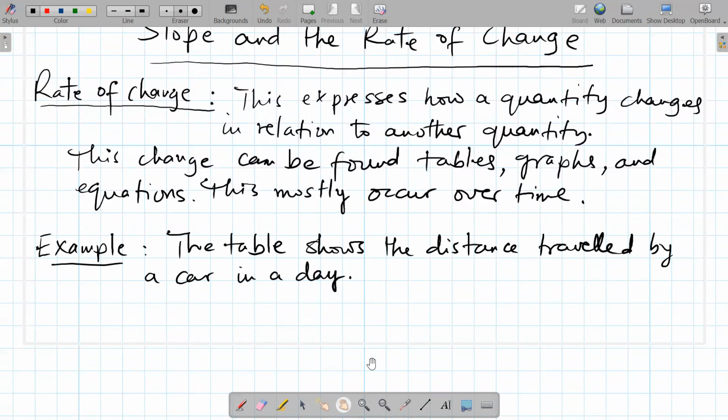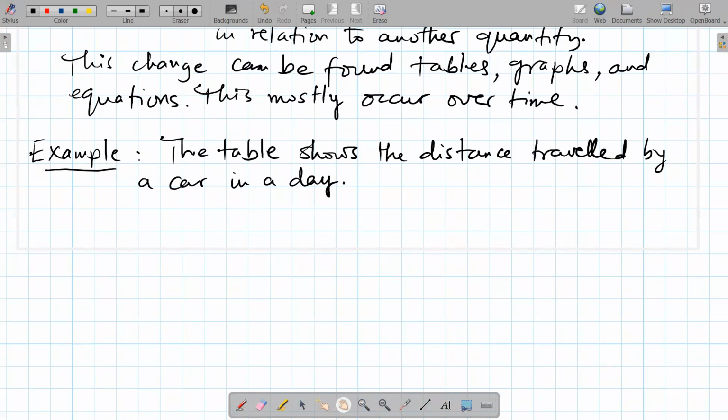So let's get a table here, something like that.